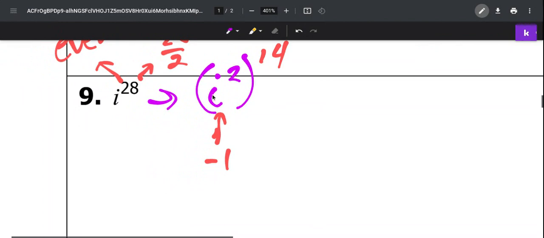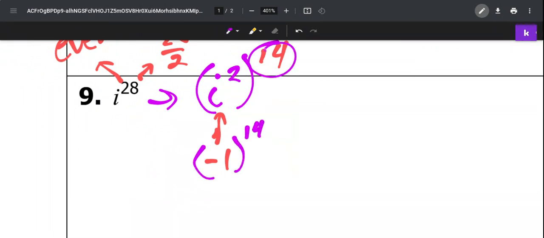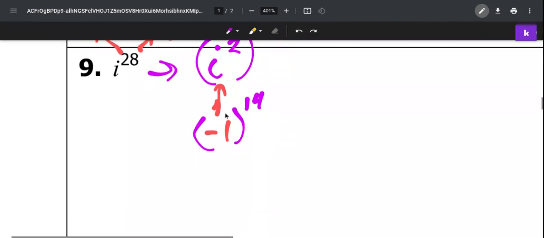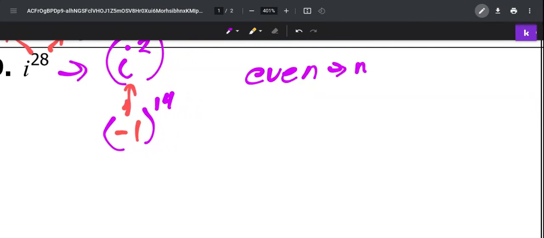So now, we just said i squared is actually negative 1. Now I bring down my exponent 14, and then you just really have to remember this. Any even exponent means that your negative becomes positive. So you can say negative goes to positive.